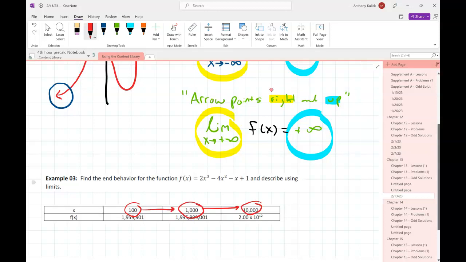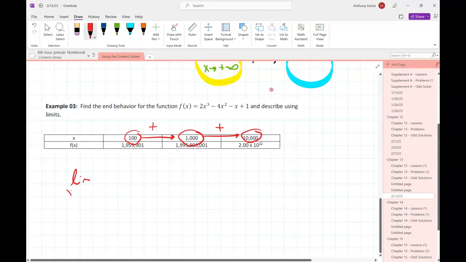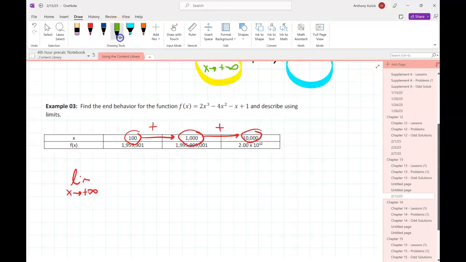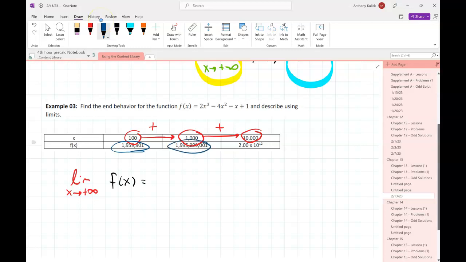What's the overall pattern here that's going on? Well, I mean, they're getting bigger, right? So that tells me that the x's are going towards positive infinity. And then if I look at the y values, what do you notice that are happening there?